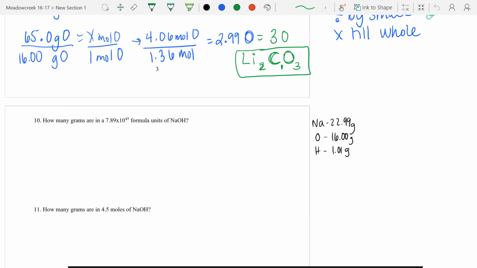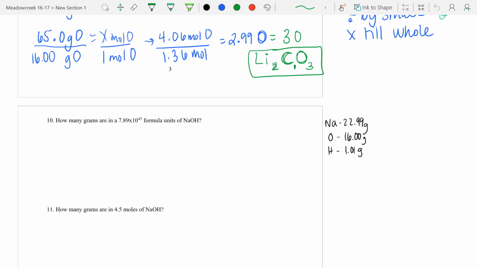Okay, so let's move on to problem number 10. Problem number 10 says, how many grams are in 7.89 times 10 to the 45 formula units of NaOH? So our first step is we write down what's given.